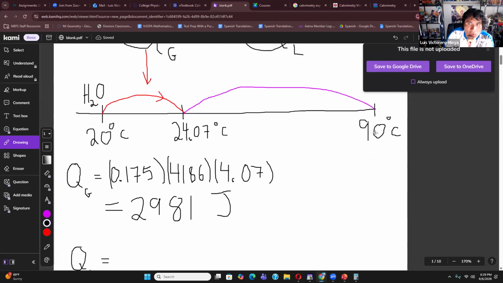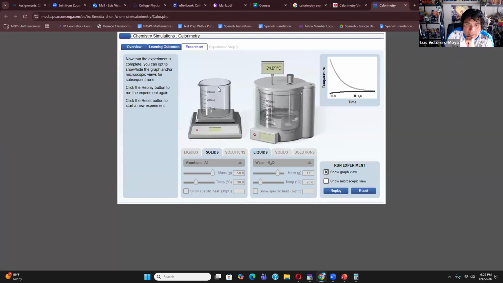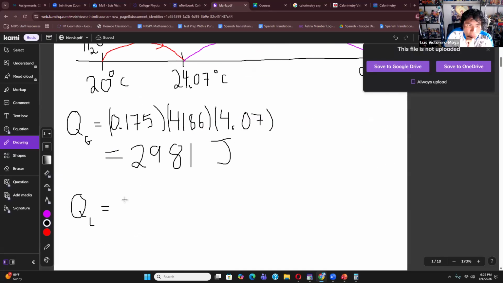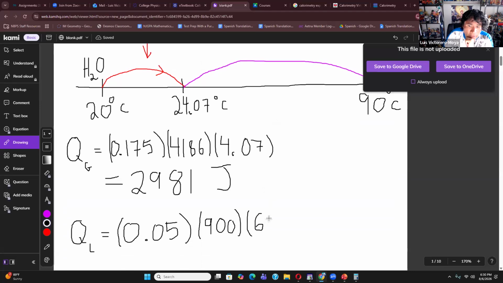Now, what's the Q lost? That's the one for aluminum. The mass of aluminum was 50 grams, so 0.05 kilograms. The specific heat of aluminum, which is 900, and the change in temperature, 90 minus 24.07, 65.93.